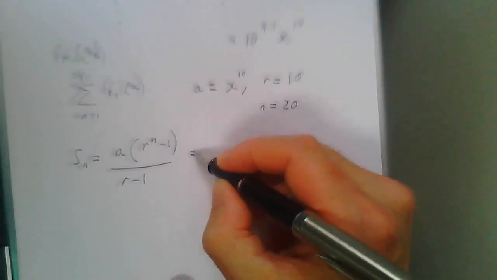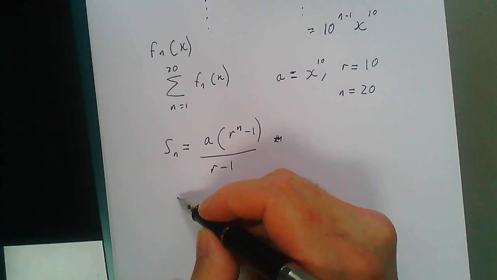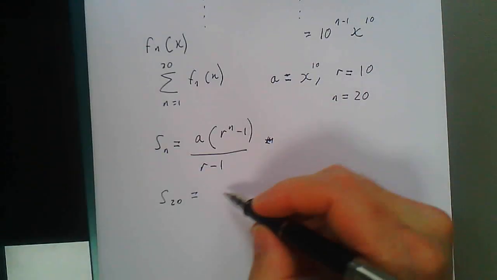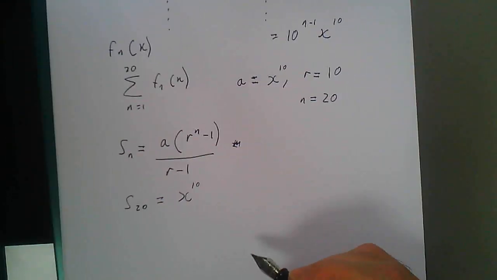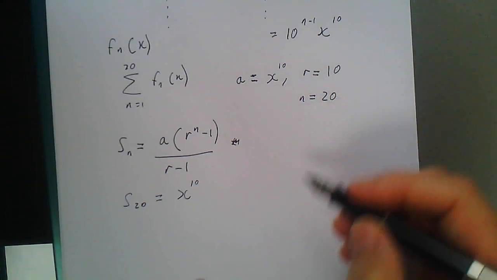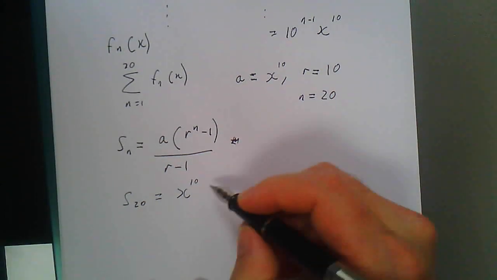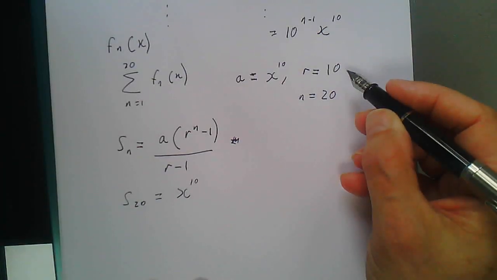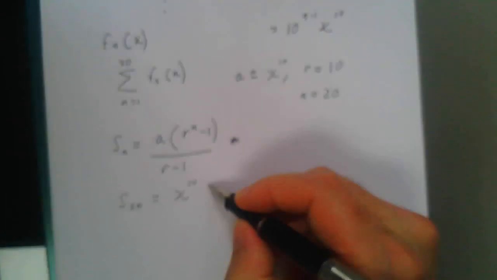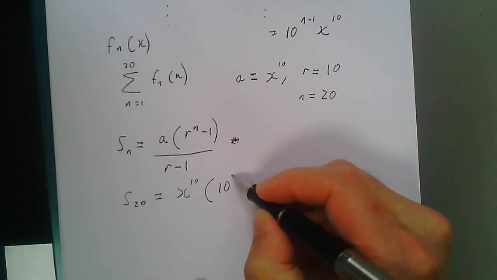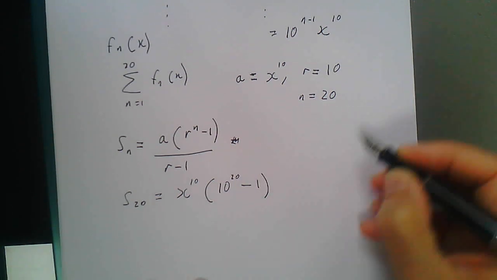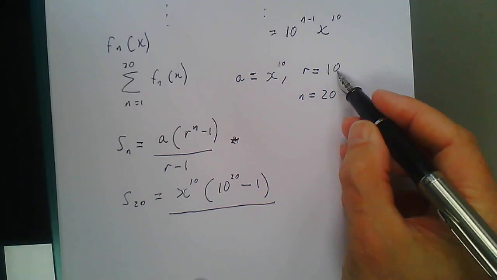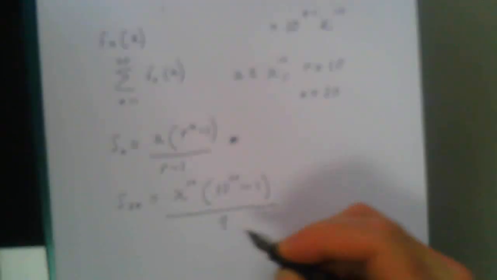So let's write S20 equals a, which is x to the power 10, times r to the n, where the common ratio r is 10, so 10 to the 20, minus 1, divided by r minus 1. Well, r minus 1, 10 minus 1, is just 9.